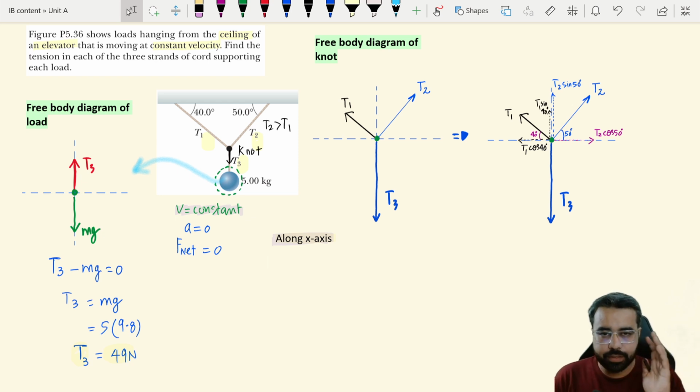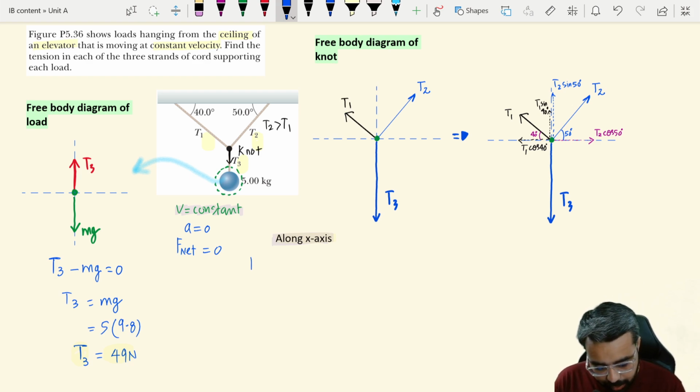Okay students, so we have seen in detail what equation we get from the second diagram: T2 cos 50 towards the positive x-axis is equal to T1 cos 40 degrees.